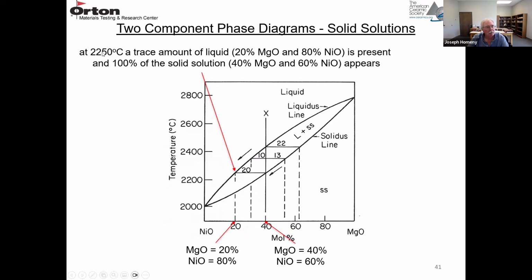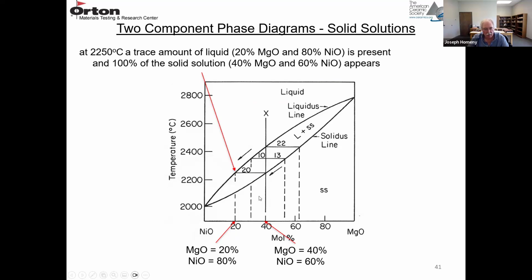And then at 2250, we're right here. We're only going to have a trace amount of liquid present. And that's 20% MgO and 80% NiO. And then this composition of the solid solution is 40% MgO and 60% NiO.